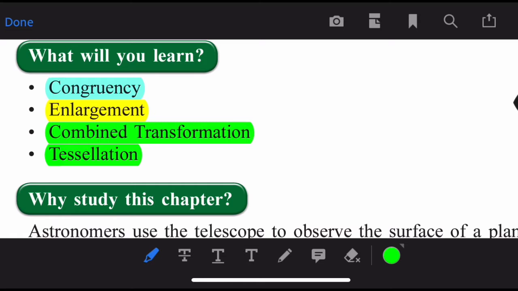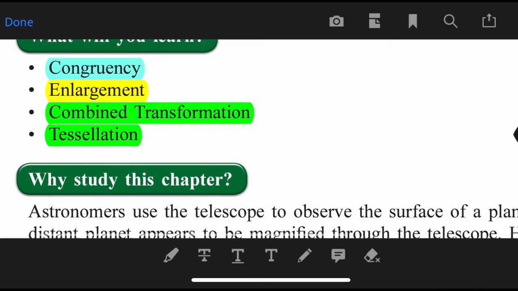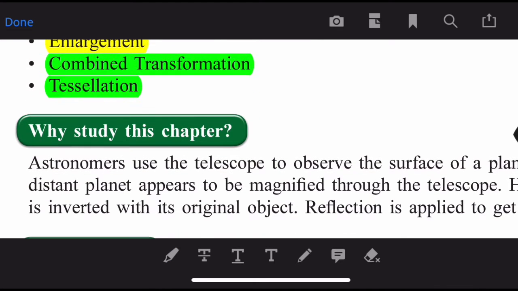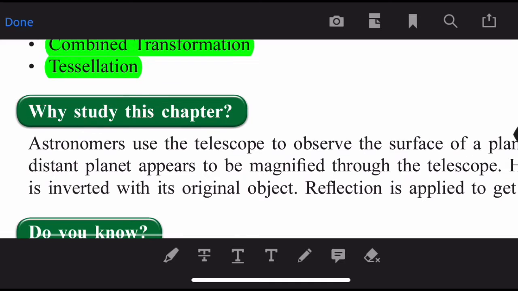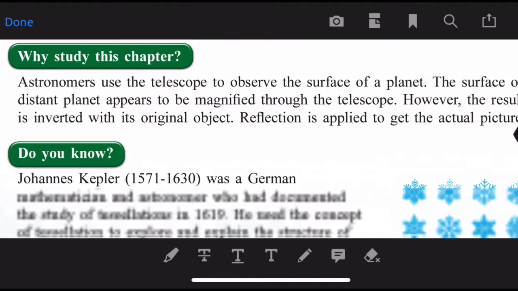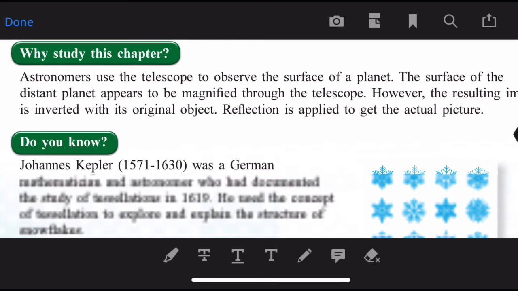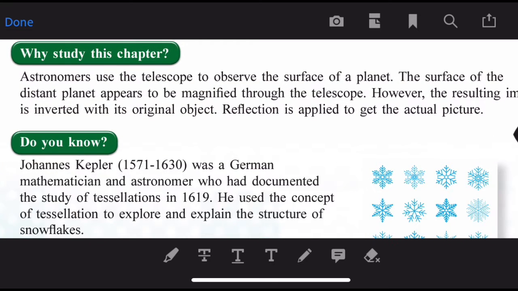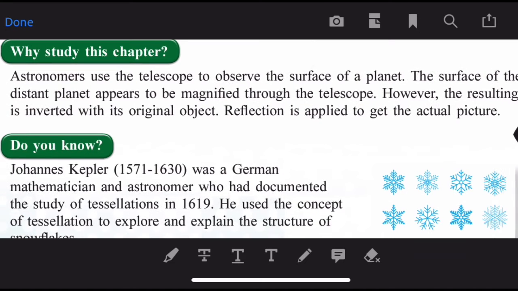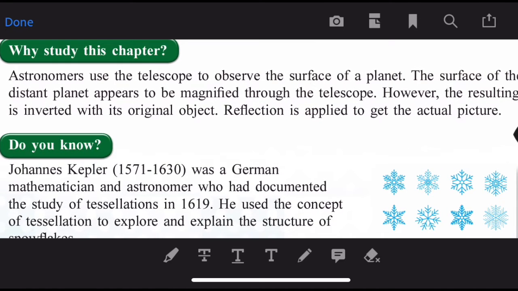So we have congruency and tessellation, which are very special topics that are totally new. Enlargement and combined transformation are still the same as in KSSM. Okay, so let's study the chapter first.